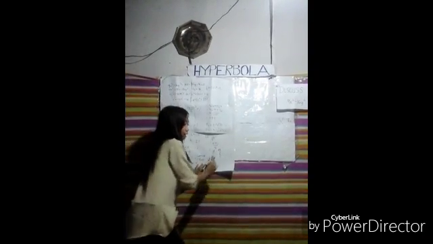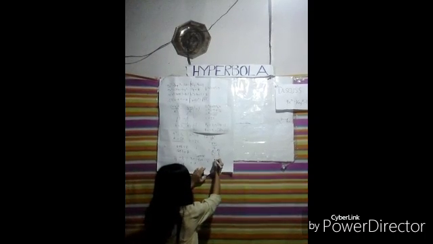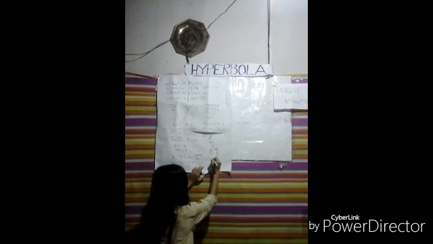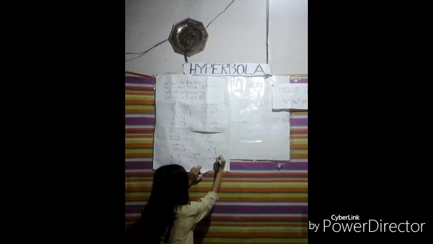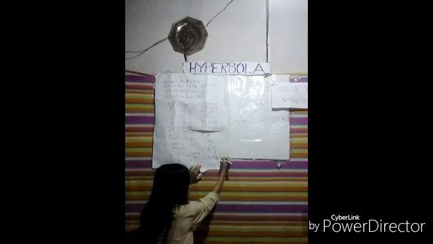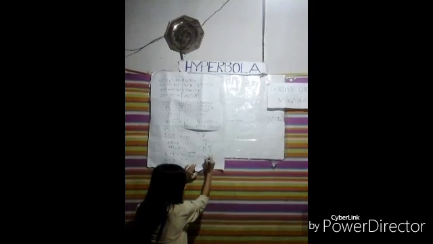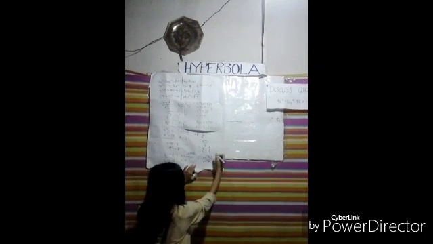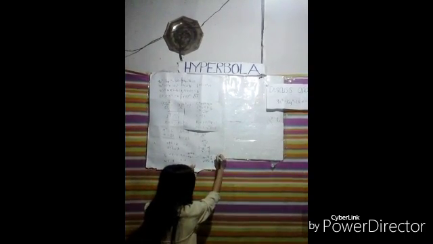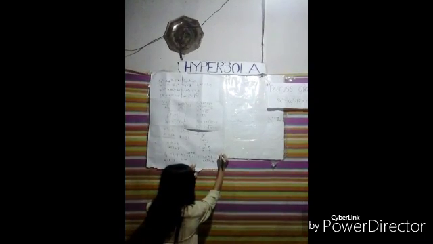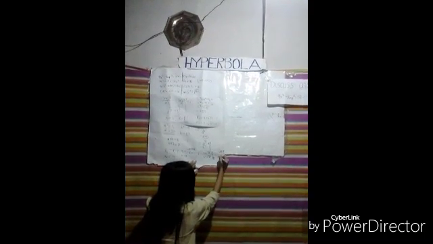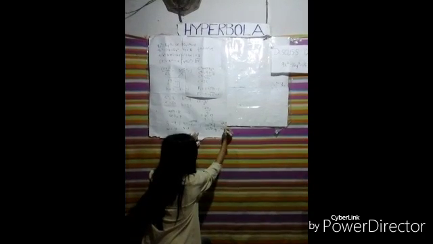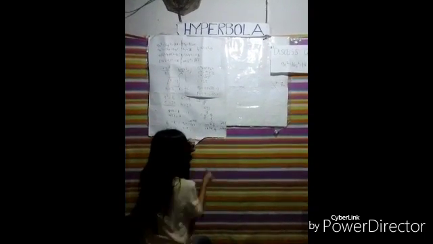So the endpoints of the latus rectum are 3 plus square root of 25 and 7 over 2, and then 3 plus square root of 25 and negative 11 over 2, and 3 minus square root of 25 and 7 over 2, and 3 minus square root of 25 and negative 11 over 2.